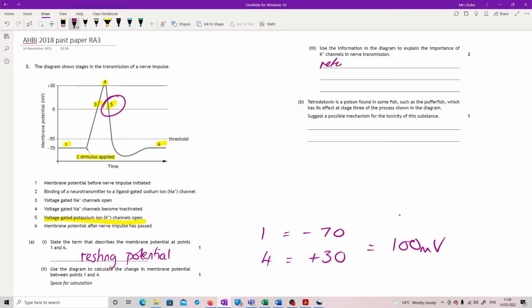So it's returning the cell to resting potential. Okay, so that's what it's doing, but then you're going to have to see how that actually does that.